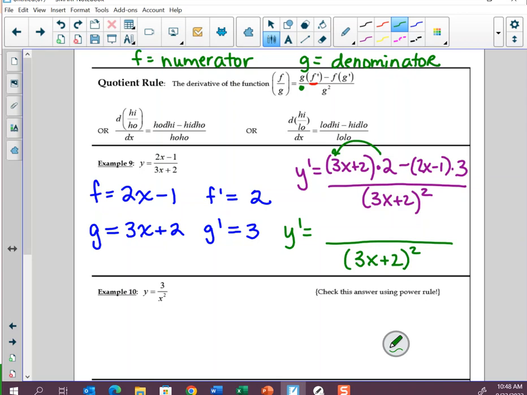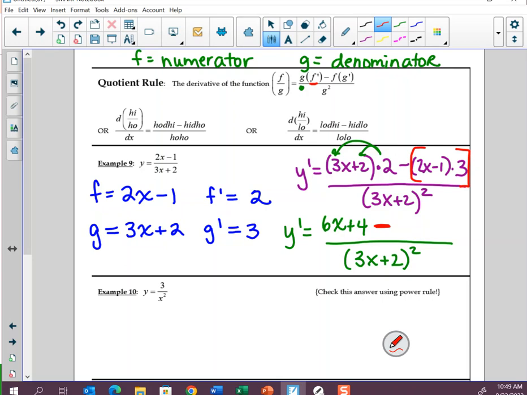So if I distribute through the 2, I get 6x plus 4 with the 3x plus 2 times 2. And then, here's the other part that's very tricky. It's a minus, so I've got to make sure I'm distributing a negative or a subtraction and the 3.